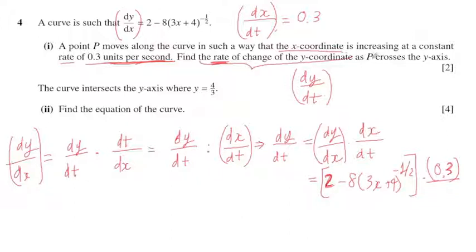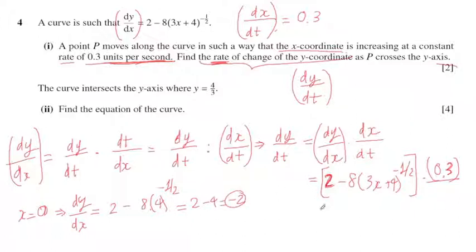When the point P moves across the y-axis, it means x will be equal to 0, because the y-axis means x equals 0. So when x equals 0, you substitute the value for x, and you will have 2 minus x times 4 to the power of minus 1 half, which equals 2 minus 4... equal to minus 2.